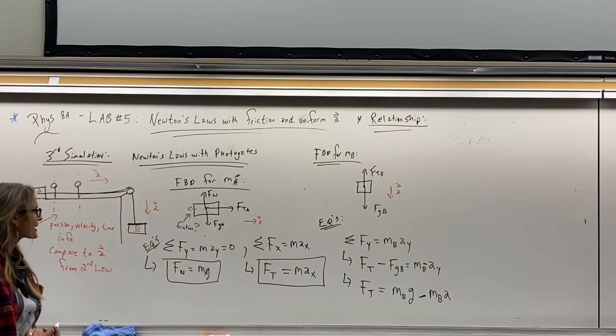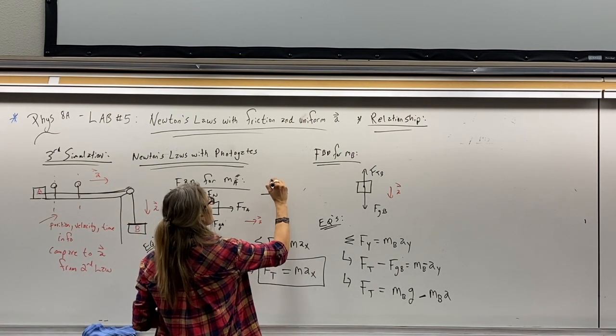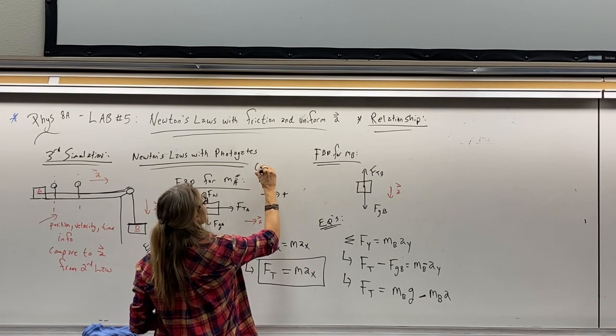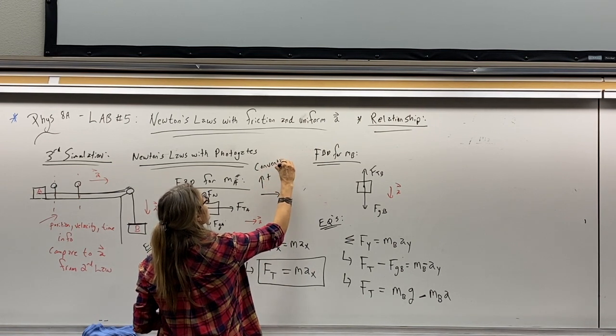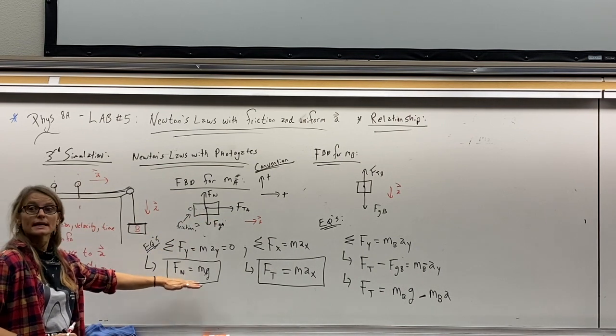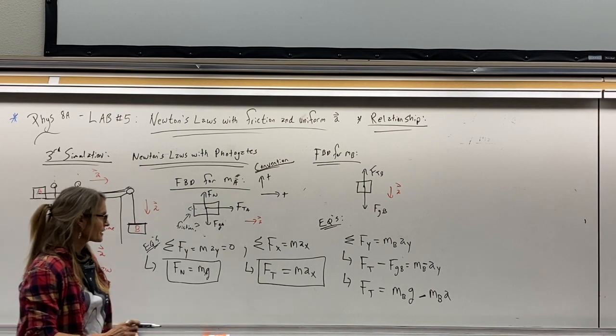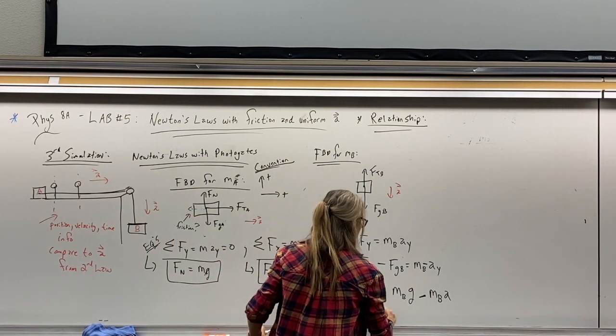So you have to be very careful with your signs. Here my convention is positive to the right and positive upward. Okay. So I'm going to use those conventions inside my equations. I insert them with the signs. Be very careful when you do that.